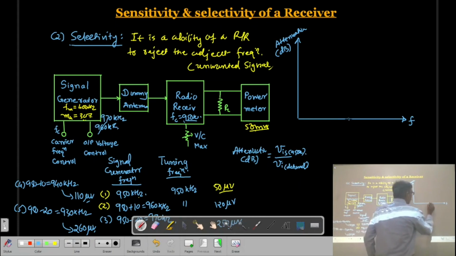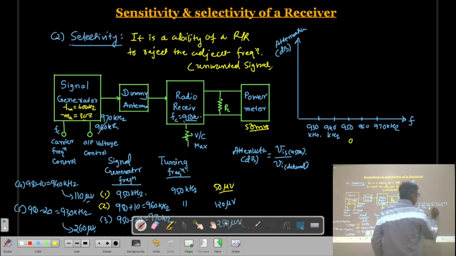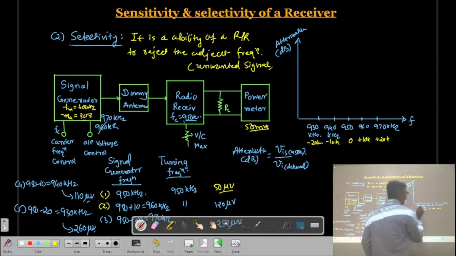Here, let us say this is 950, 960, 970 kilohertz. Correct? Here it is 940 kilohertz. Somewhere here 930 kilohertz. Or we can say this is 0. We have detuned by 10 kilohertz, then 20 kilohertz. This is detuned by minus 10 kilohertz, minus 20 kilohertz.